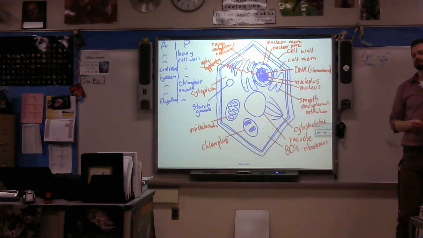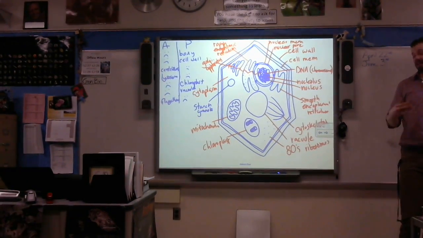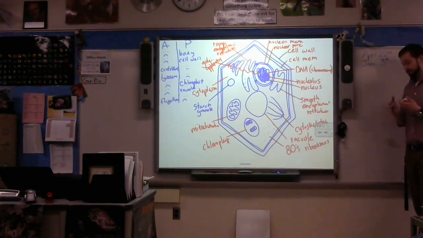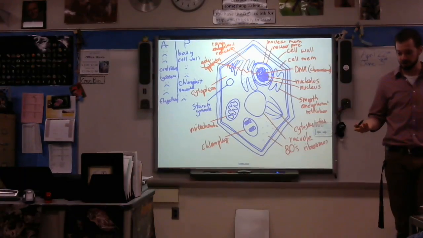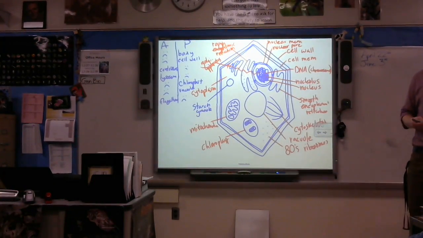Do we get points taken off? Because I remember vaguely when we did this unit last year. Do you get points taken off if you write RER and SER instead of the full name? My first rule: do not abbreviate anything unless you give it the full name first and then reference that later. So if you were writing an essay, you might say, the rough endoplasmic reticulum, in parentheses, RER, and then you can call it RER for the rest of that essay.